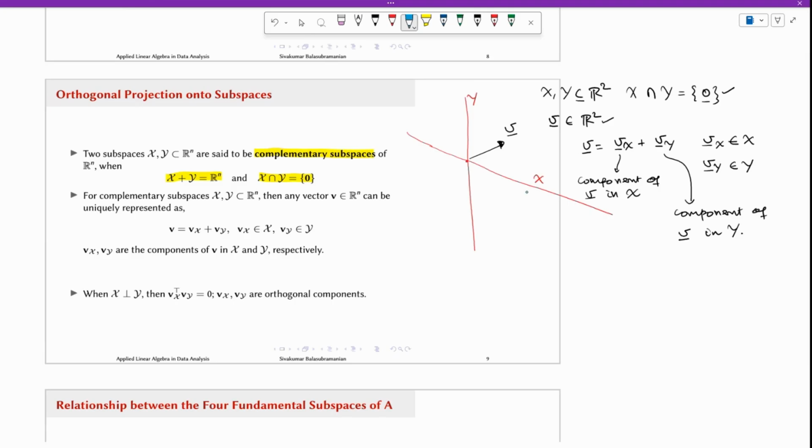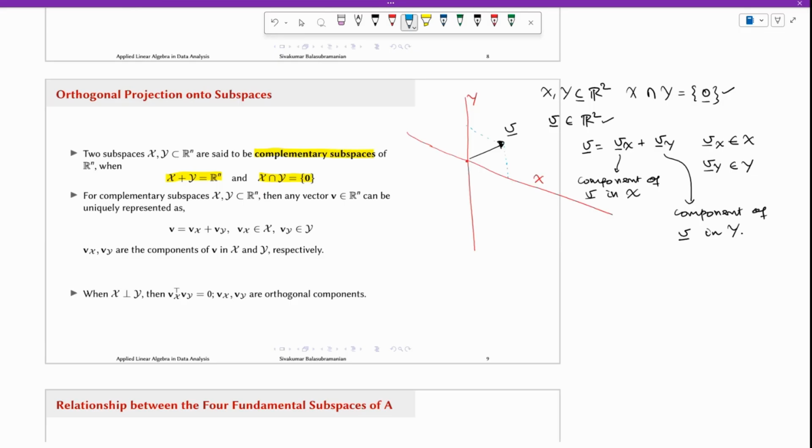Here, in the two-dimensional case, let's look at what those components will be. We need to take a vector from X and a vector from Y, so that when we add them, we should get V. If you take any element from X and Y and add them together, the parallelogram law of vectors applies.